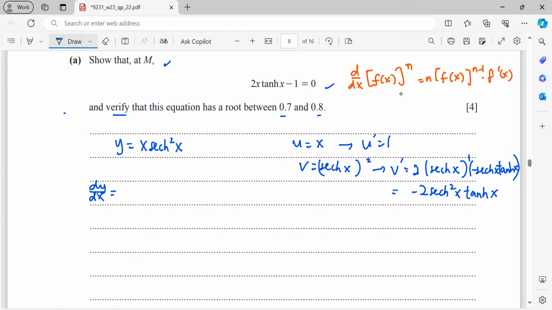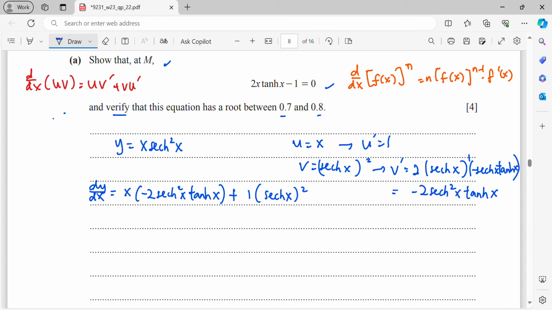So now my dy over dx. Use the product rule. d over dx of uv is u v prime plus v u prime. That means I will be getting x times negative 2 sech square x tanh x plus 1 times hyperbolic secant square x.